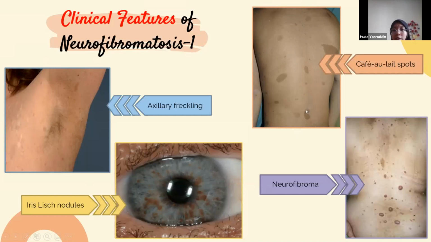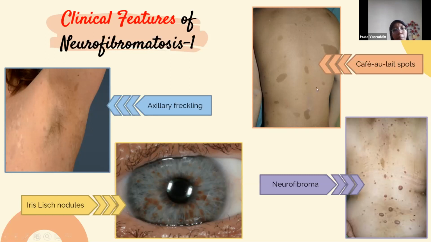And then the café-au-lait spot. Basically, the café-au-lait spot is the hallmark of neurofibromatosis type 1. If patients have neurofibromatosis type 1, almost all of them will have café-au-lait spots. And generally, even a baby who was just born can have these spots.